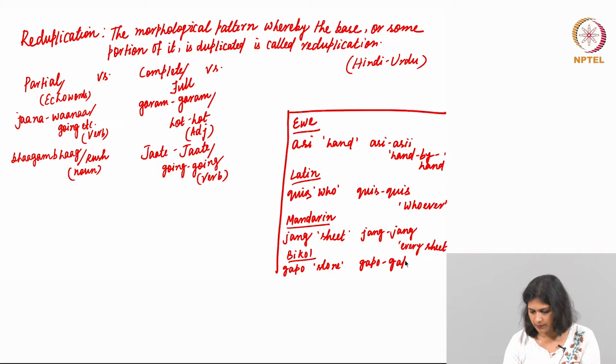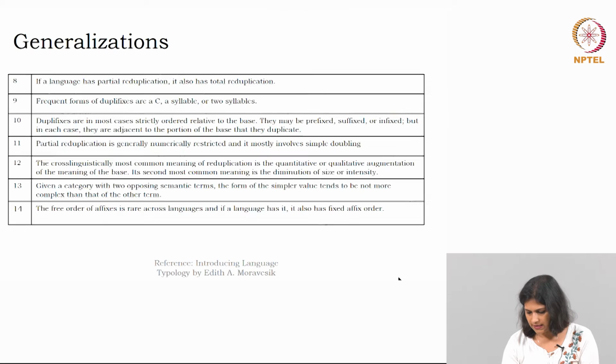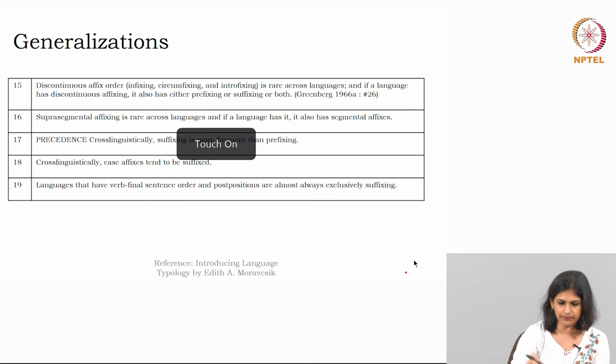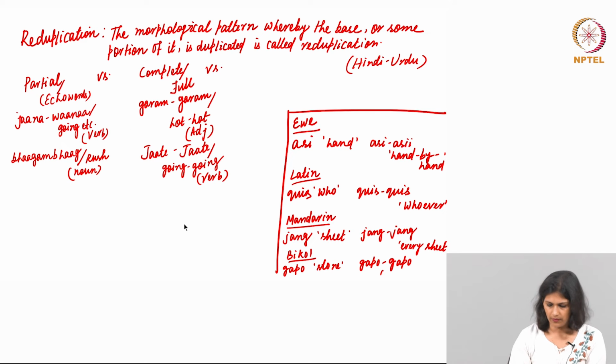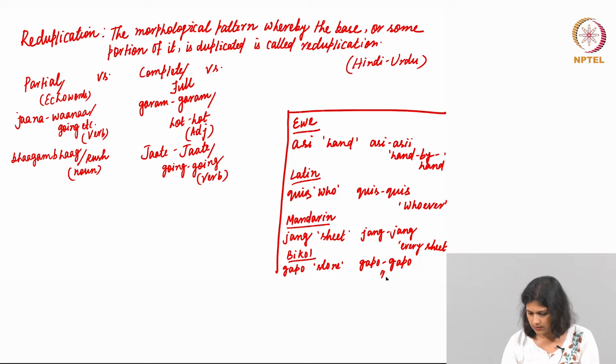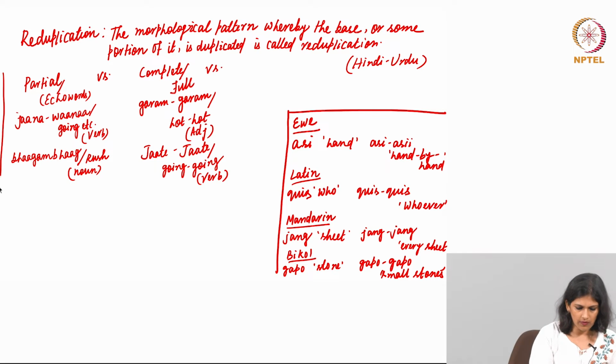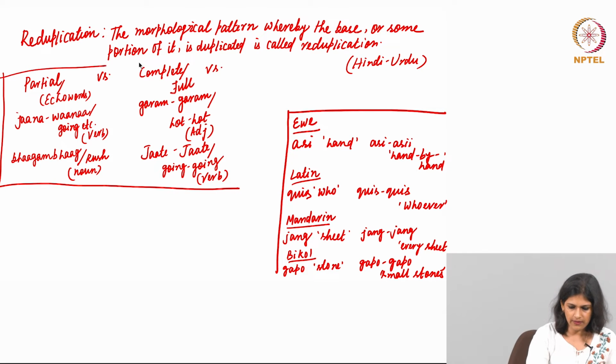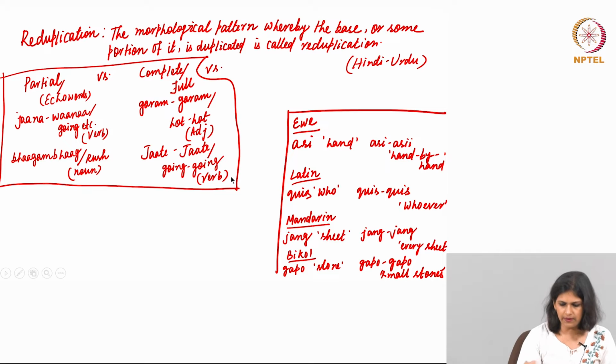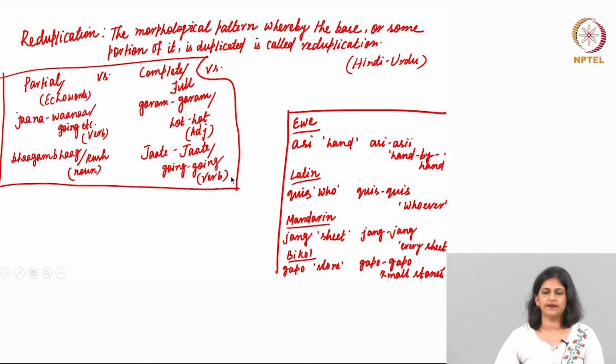So, Gapo Gapo means small stones. So, these are all examples of reduplications in various languages of the world. Here in this box we have South Asian language examples, and in this box we have examples or data from the other languages of the world.